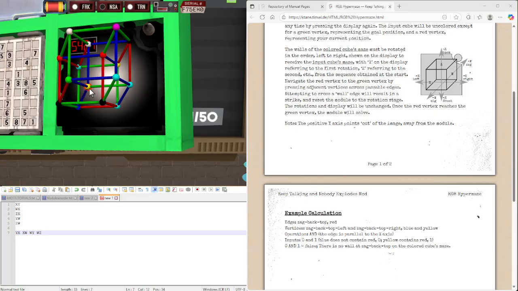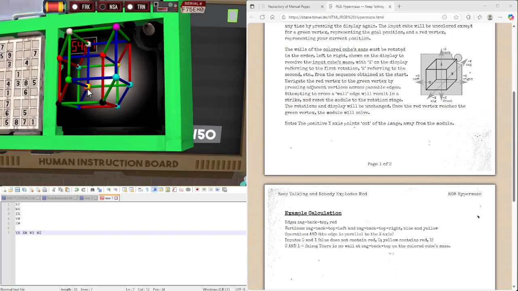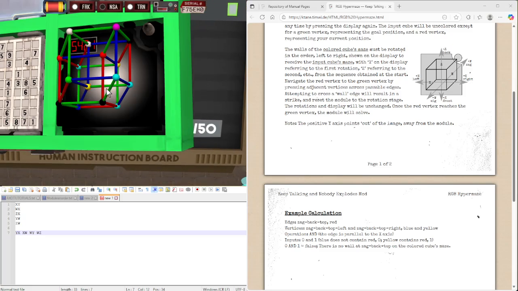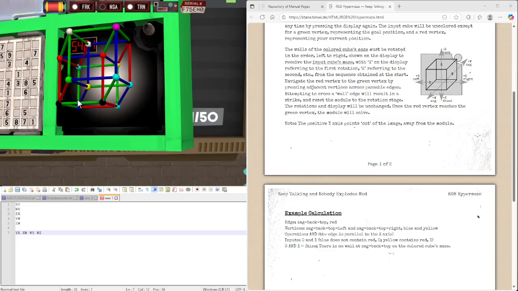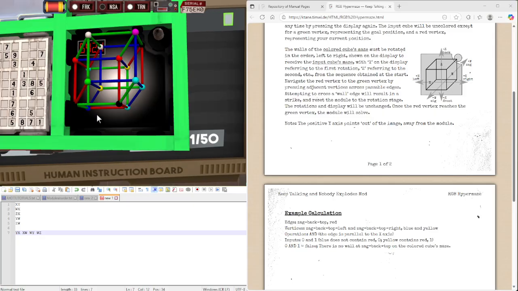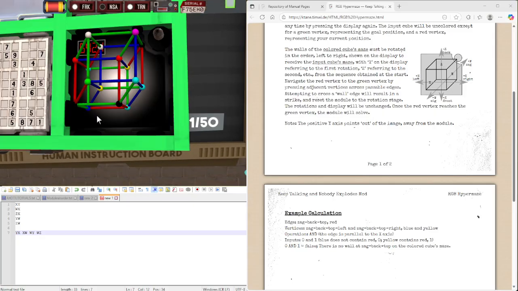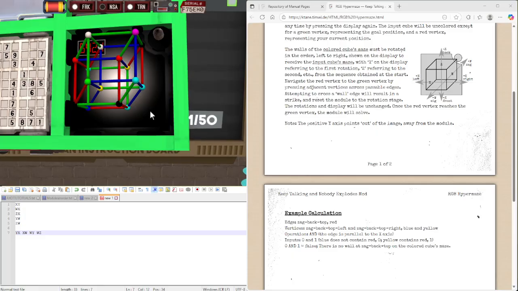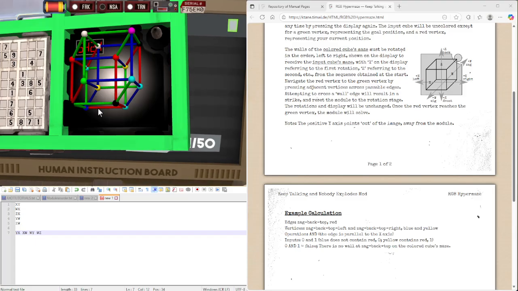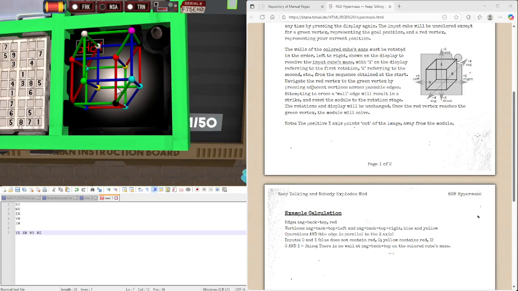XW, positive X going to positive W, with positive X going to positive W, we ran like this, so it'll be down here. WY, like this. Take us up to this one.